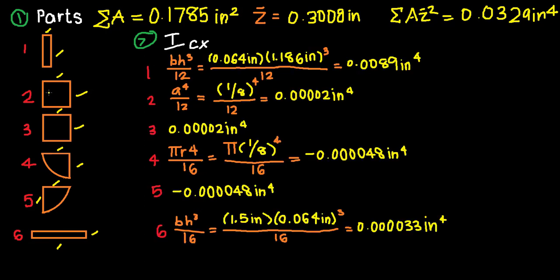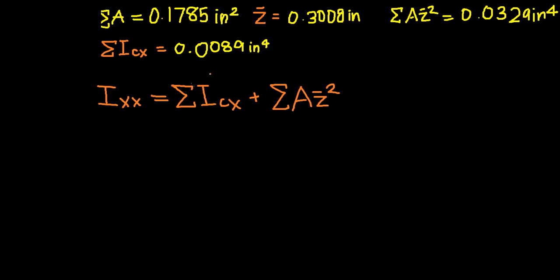So later on, we'll be changing our axis and we'll see what changes can be done to this formula to suit that. And then, as you can see, since we calculated for shape number 2, shape number 3, and 5 are similar to their previous shapes. So hence, they would have the same value. But regardless, you can see which formulas fit in with which shape, and used accordingly to get our values for their moment of inertia. Now, as always, we're gonna sum this all up to get our total, which is 0.0089 inches to the power 4.